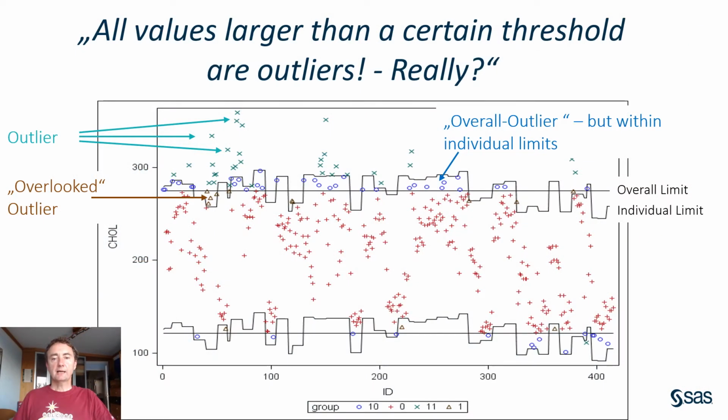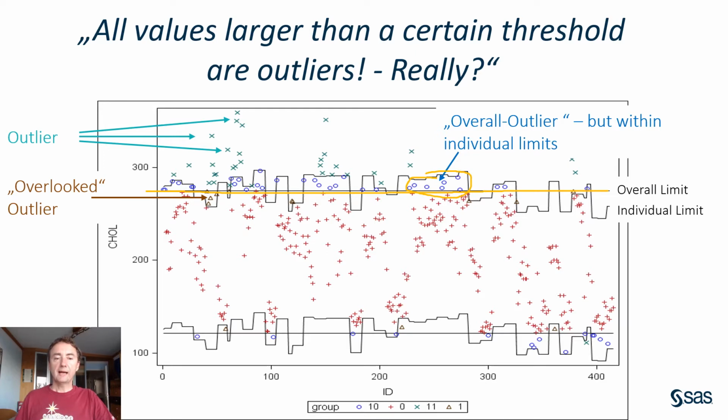The picture that I was using in my previous webinar is the following one. You see the reference lines. If you just use a straight overall limit like this one, you are at risk that you consider certain observations as outliers which are still within the limits, for example the blue ones.